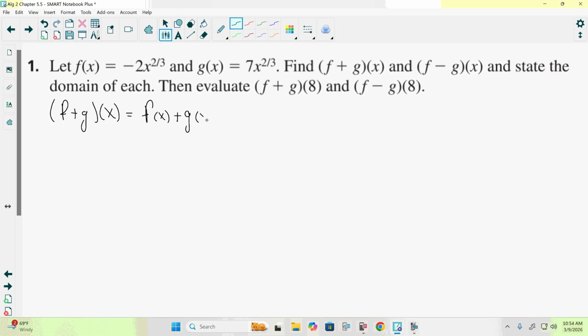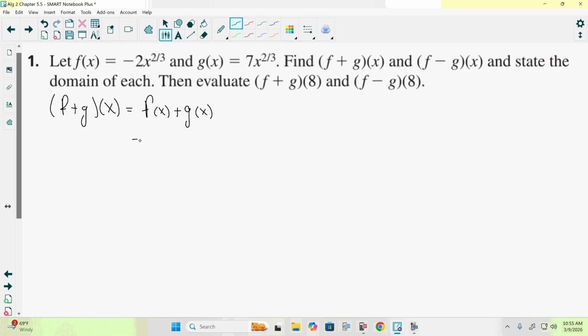f of x plus g of x. f of x is negative 2x to the 2/3, and g of x is 7x to the 2/3.